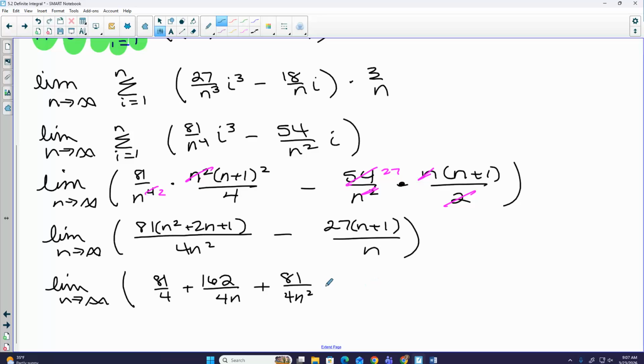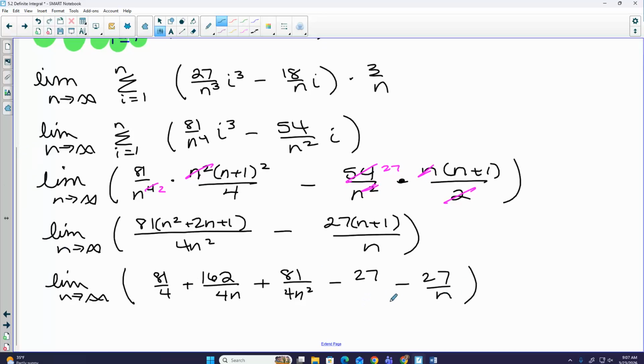Here, distribute the negative. So minus 27 n over n. Minus 27 over n. And we know anything with an n on the bottom turns into 0. So I just get 81 over 4 minus 27, which is negative 6.75.